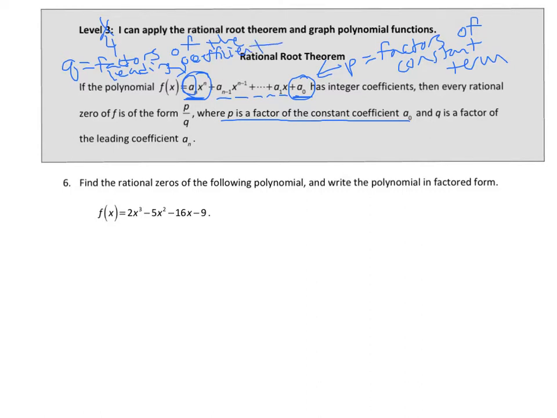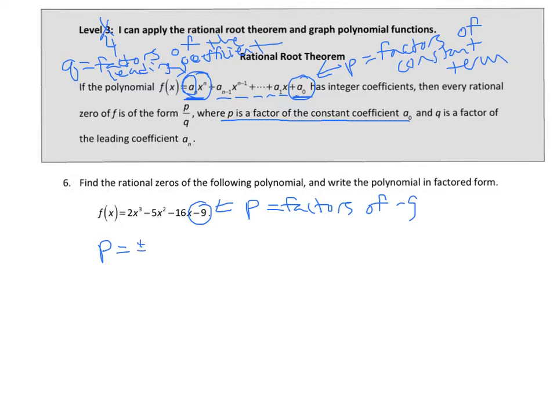Looking at this first example, my constant term is -9, and p is going to be factors of -9. Think of all the things that multiply to 9. 1 is a factor, and we're going to do positive and negative factors.